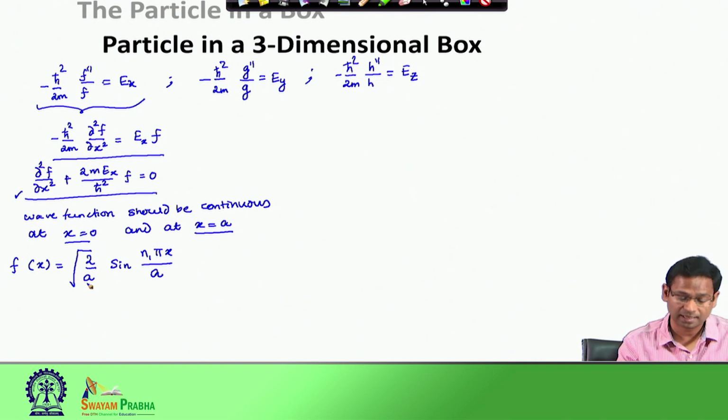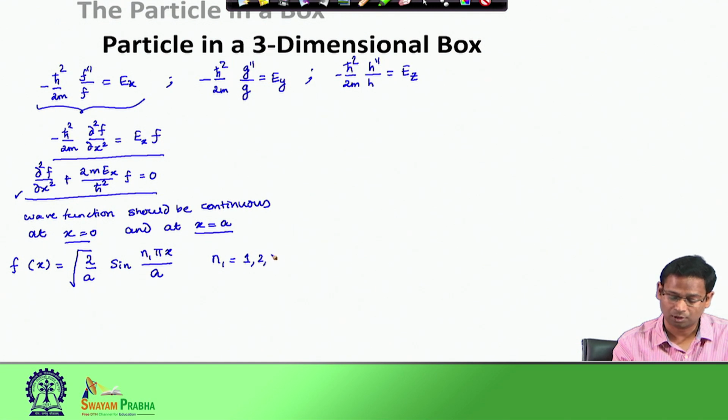In that case, instead of a, that was capital L, which was the length of the box, the same here, and here we have this n1, the quantum number n1, which can be, like the previous case, go from 1, 2, 3 and so on.